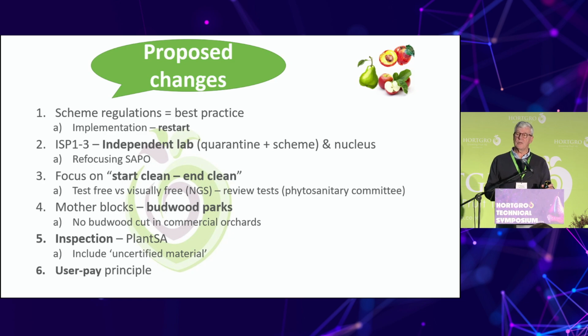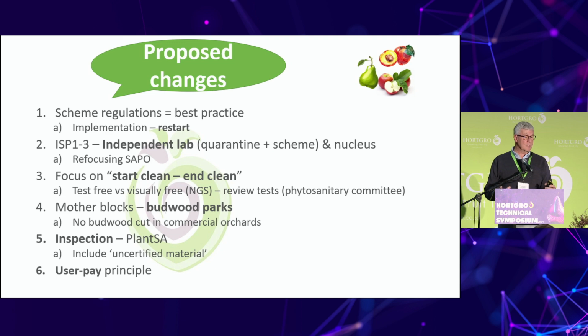In terms of inspection, already Plant SA has taken over the responsibility of inspection, auditing really, and there's a proposal that 64% of your material, which is not being inspected due to capacity challenges, should be inspected by the Department of Agriculture.